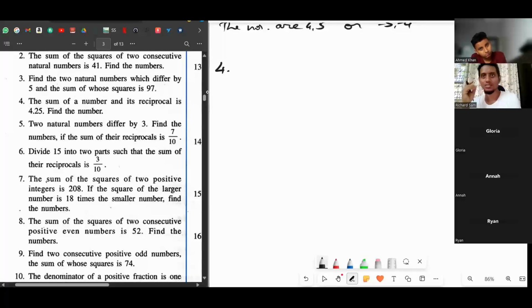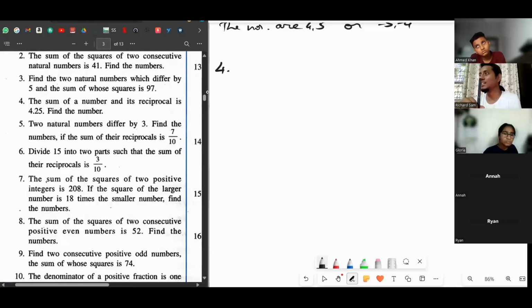The sum of a number and its reciprocal is 4.25.